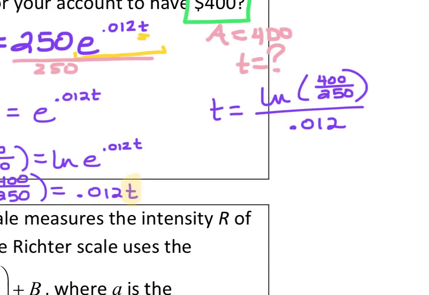Remember that the calculator is going to give me the open parentheses when I type ln. You're going to put a fraction to start with for the ln over the 0.012. You're also going to use a fraction for the 400 divided by 250. Right arrow to close the parentheses, and then down arrow to type the 0.012. And then t is going to equal 39.17 years.